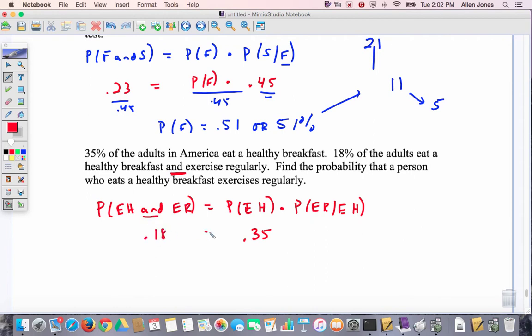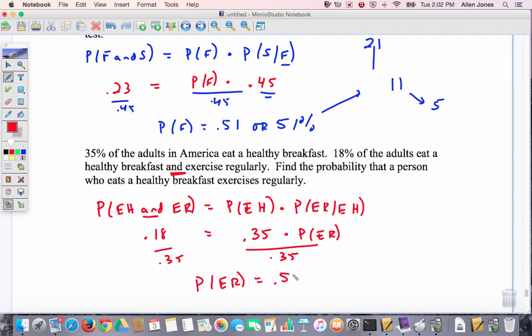So it says 35% eat a healthy breakfast, 35% here. 18% of the adults eat a healthy breakfast and exercise regularly, so 18% goes here. And we're trying to find the probability that they exercise regularly.